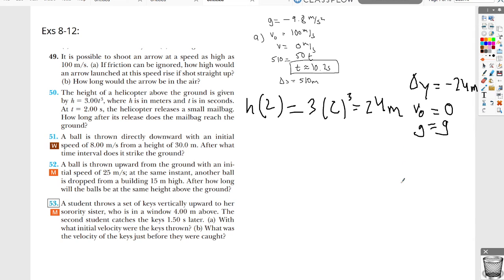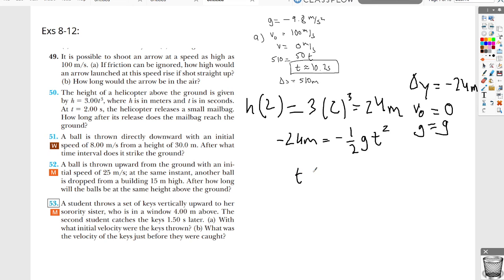So we have these 3 components, or if you're confused, you can say delta s is right here. So what equation will we use? We will use the second equation. The second equation is delta s, or delta y, negative 24 meters, is equal to v naught times t, which is gone, and then minus 1/2 g t squared. So what's t?